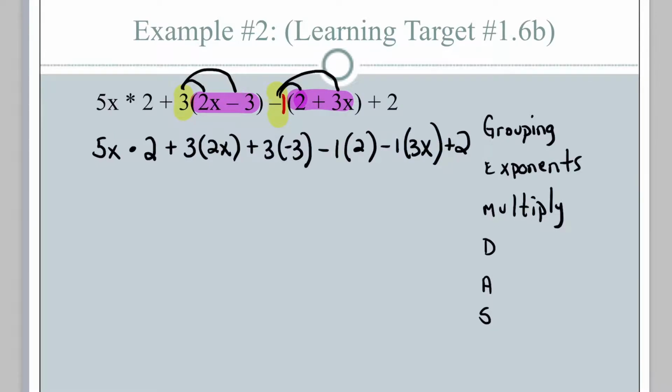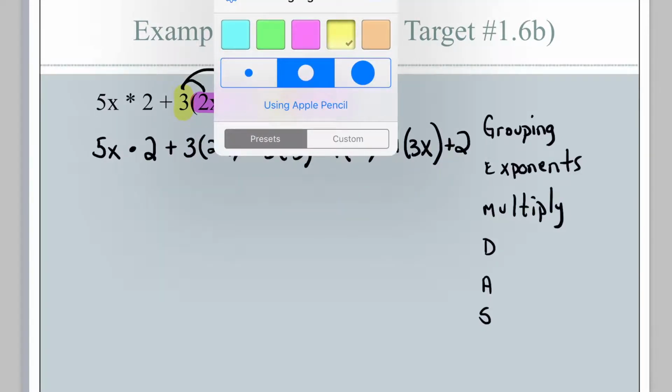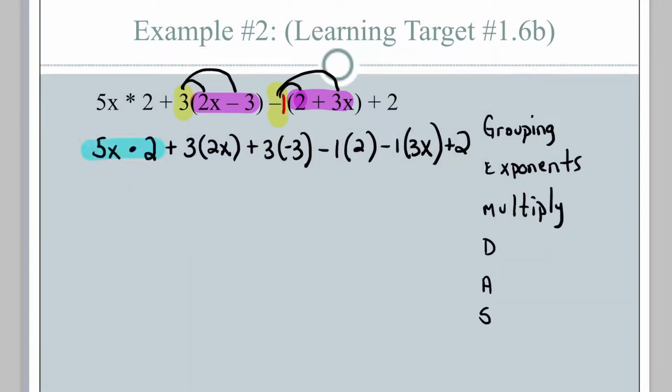So working from the left to the right, we see that we would have 5x times 2, 3 times 2x, 3 times -3, -1 times 2, -1 times 3x, and then the 2 is just an addition at the end of the expression, and we have yet to work with addition and subtraction.